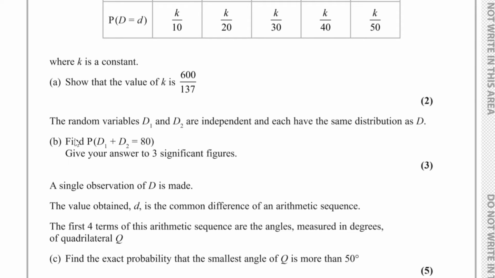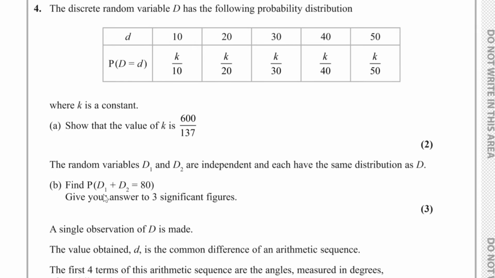Now for part B of the question, the random variables d1 and d2 are independent and each have the same distribution as d. We have to find the probability of d1 plus d2 equaling 80, giving our answer to 3 significant figures. Well, if we think about d1 plus d2 equaling 80, we need 2 values of d which add up to give 80.